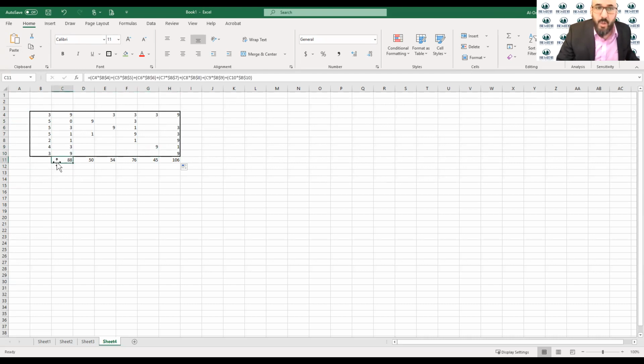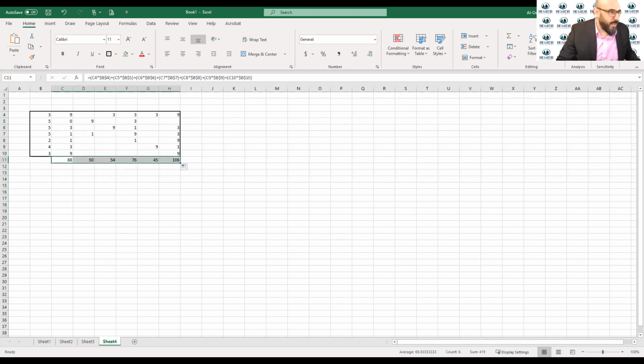And now we calculated the importance by multiplying 9 times 3 plus 0 times 5 plus 3 times 5 plus 1 times 5 plus 1 times 2 plus 3 times 4 plus 9 times 3. We did the same thing for the second technical specification, which is the setup time, and number of operational cycles and so on. So we come up with these numbers.